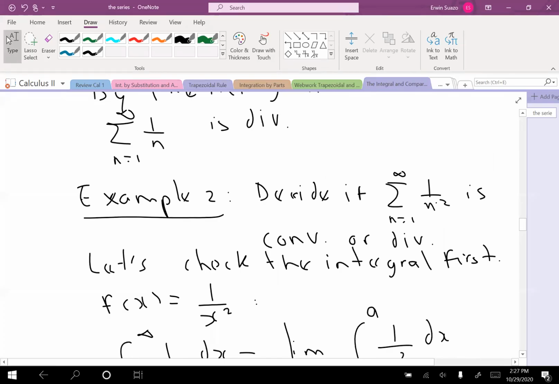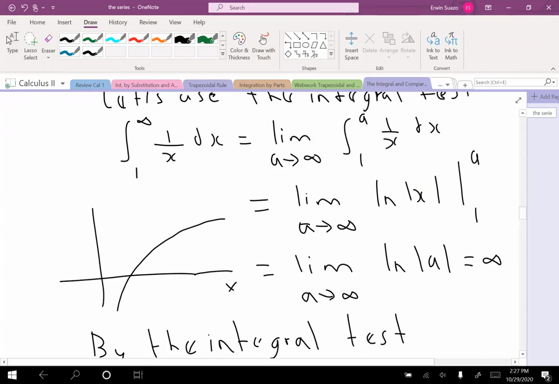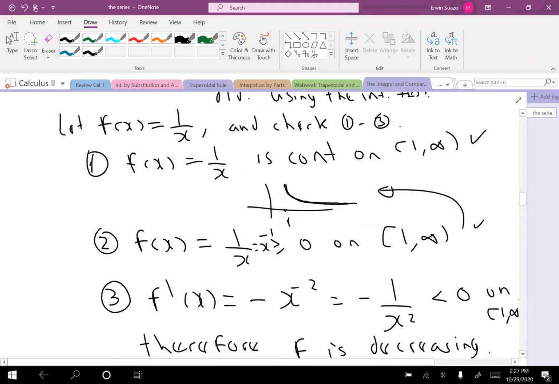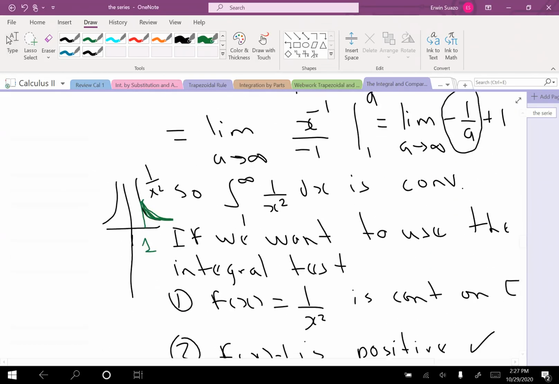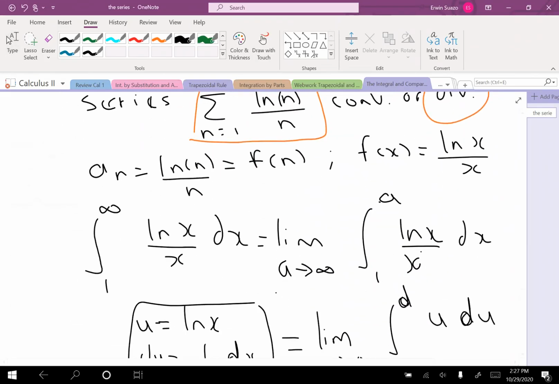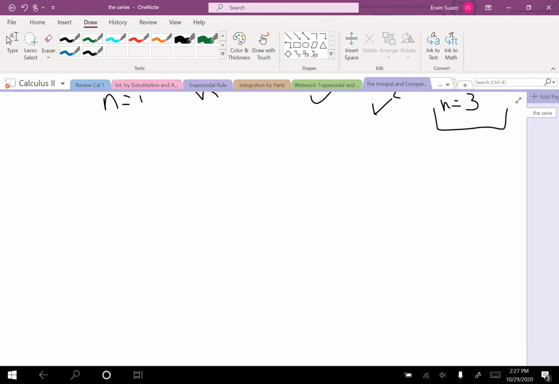We checked this one, and we checked this one. But we need to do the general case. So we're going to do the general case, and this is going to be my last example of the integral test.